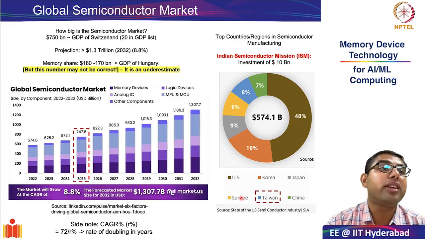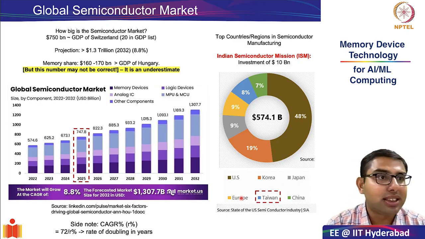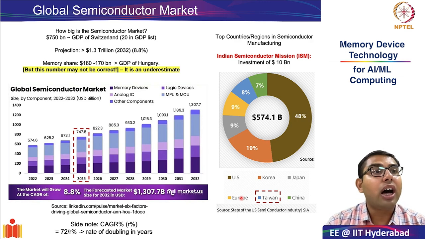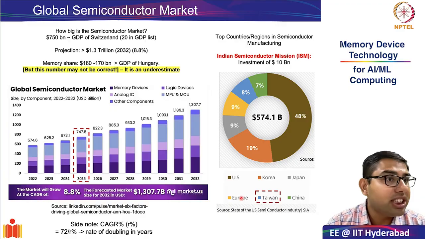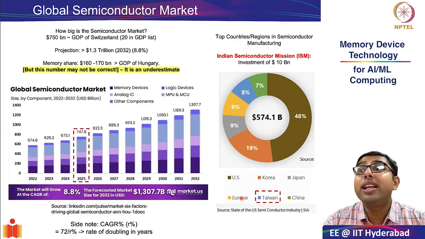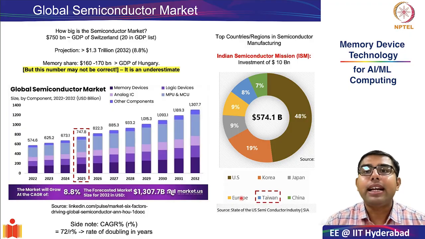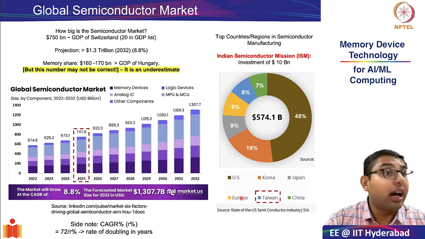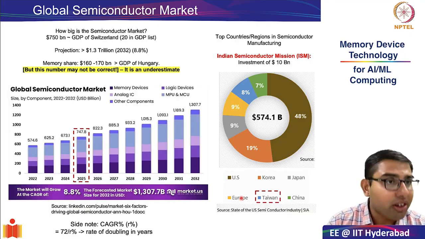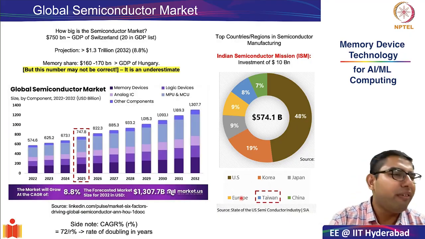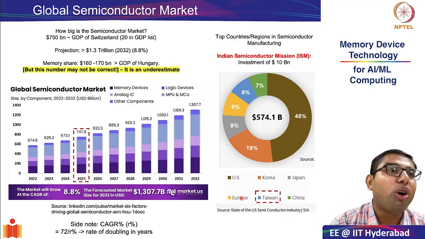And this has pushed their economy to such levels that they are one of the highest in per capita GDP. So per capita GDP means your total GDP divided by your population. That is highest amongst all the Asian countries, if you leave out Singapore and some of the oil-rich countries.